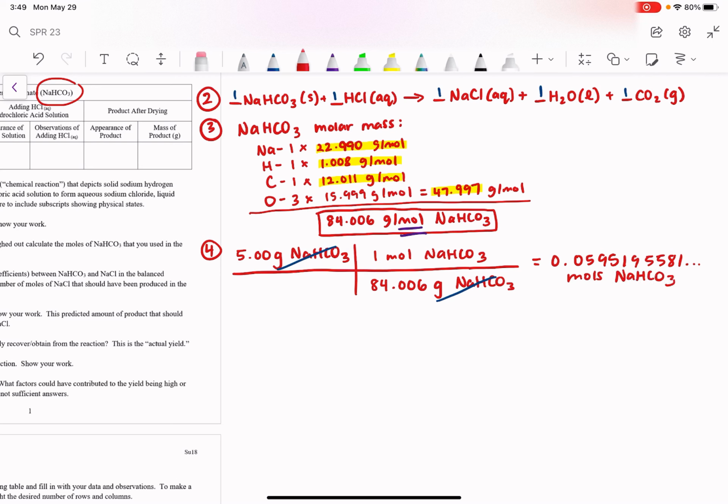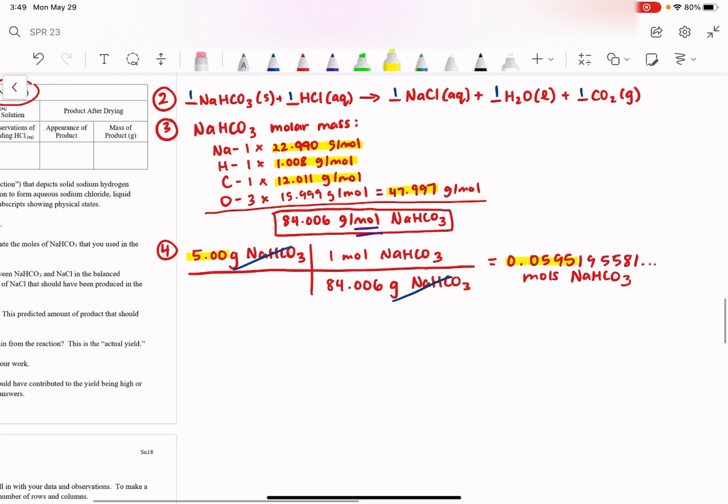Let's make sure we are rounded to the correct number of sig figs. There should be 3 sig figs because that was our measured value, so we should have 3 sig figs in our final answer. So we want the number I've highlighted, and I'm going to erase this part here. That's going to be my final answer. So that's how many moles you put into the reaction.